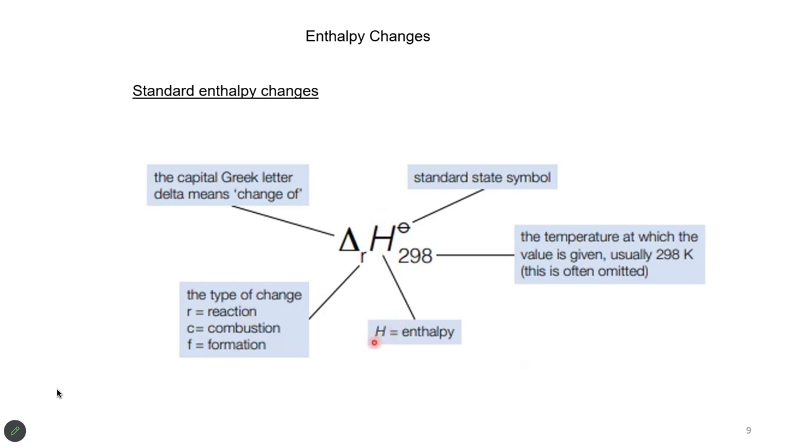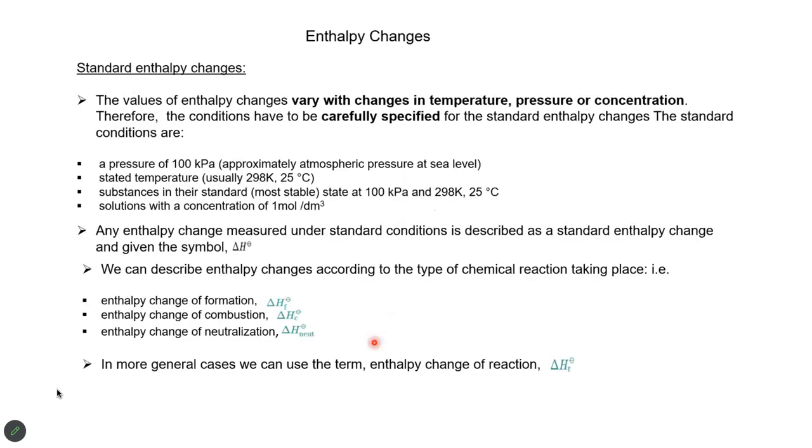In the next slide, we will talk a little bit more about it. The value of the enthalpy change varies with change in temperature, pressure, or concentration. So we have to carefully specify what state of enthalpy change we are talking about. The standard enthalpy conditions are a pressure of about 100 kilopascals, which is approximately atmospheric pressure at sea level.